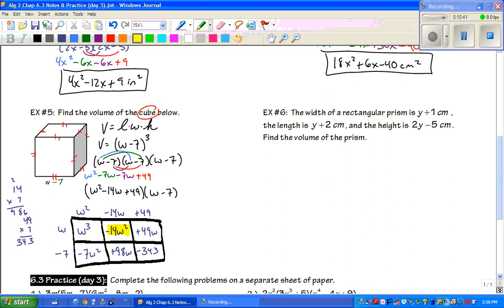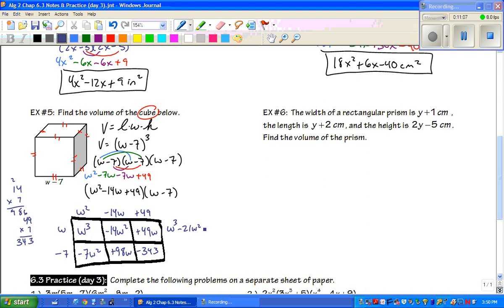So what I want you to do is look for your like terms and combine them up. What'd you get? Well, we got w cubed minus 21w squared.